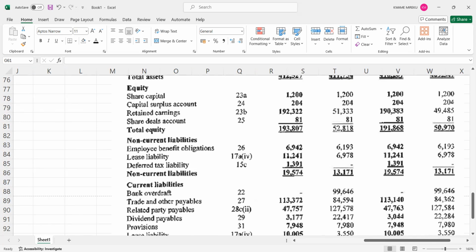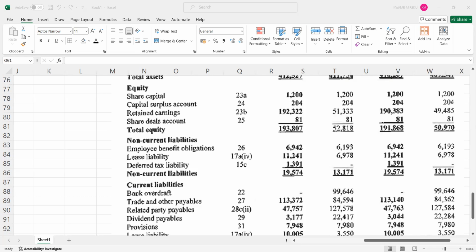Let me go to the financial statements to check, because it seems this figure is still not that realistic. They should have given us an income statement that will let us know the dividend payable for the period, because the one in the balance sheet is the one that is yet to be paid.